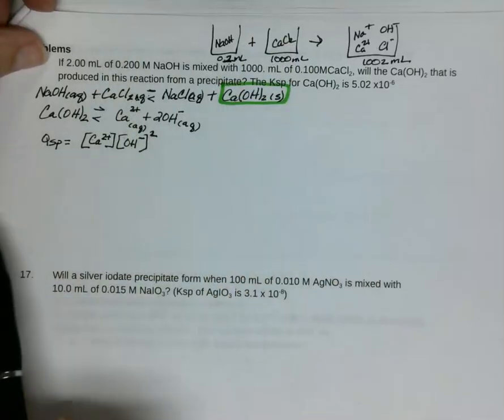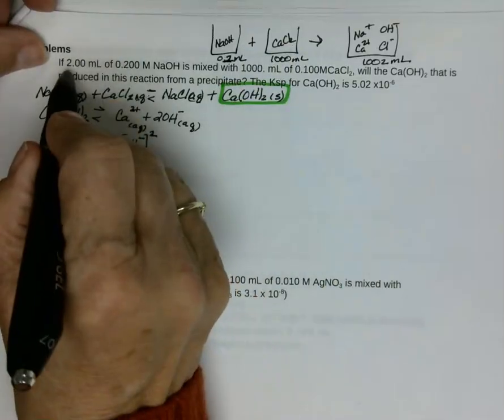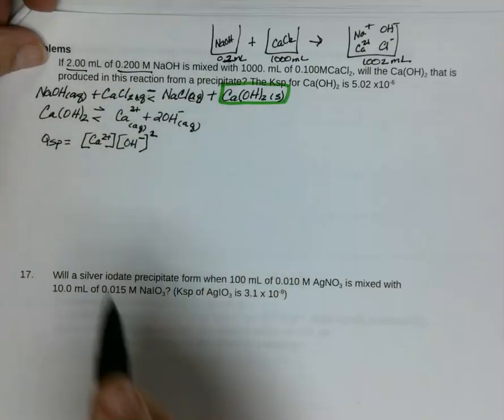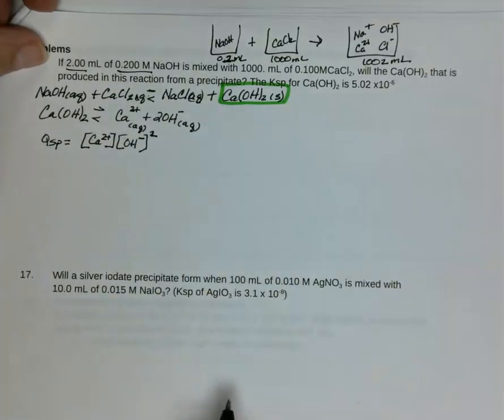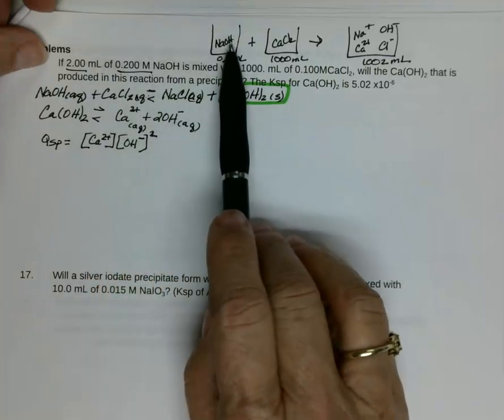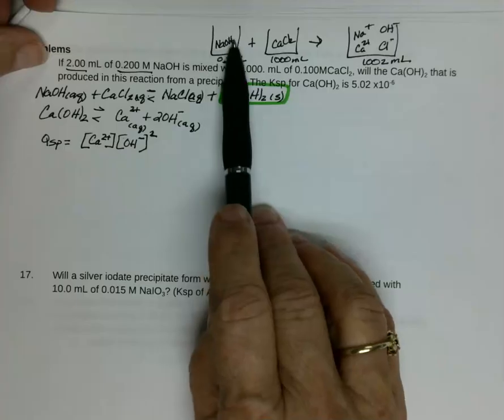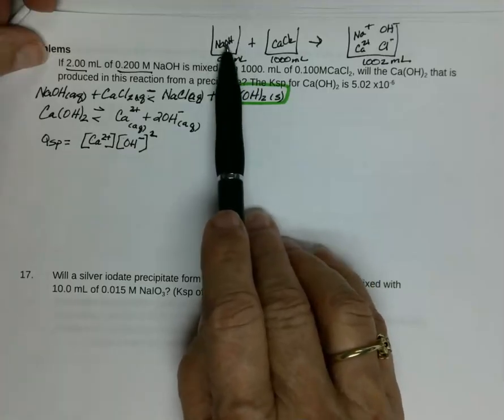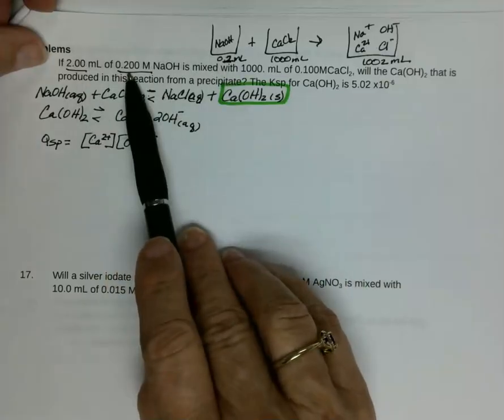And so for this first one, we have 2 milliliters. That is a 0.2 molar solution. And so what we want to know is, what is the molarity of the hydroxide in this one from this information.